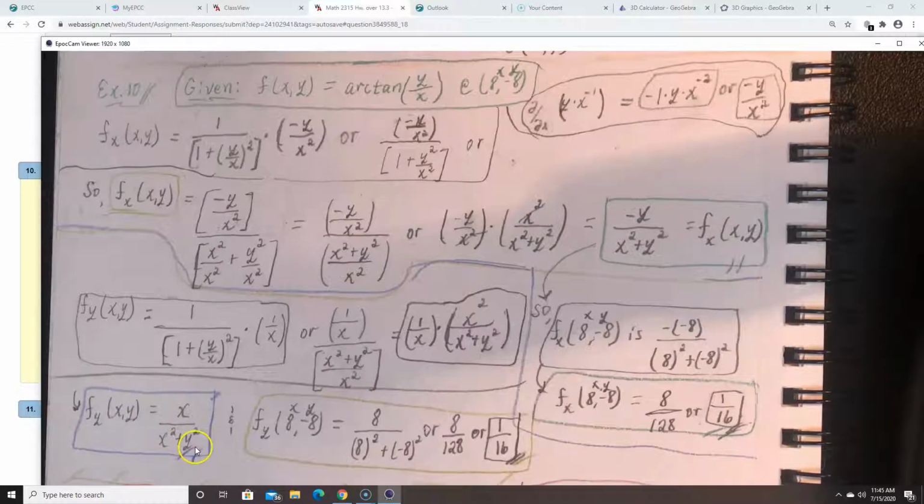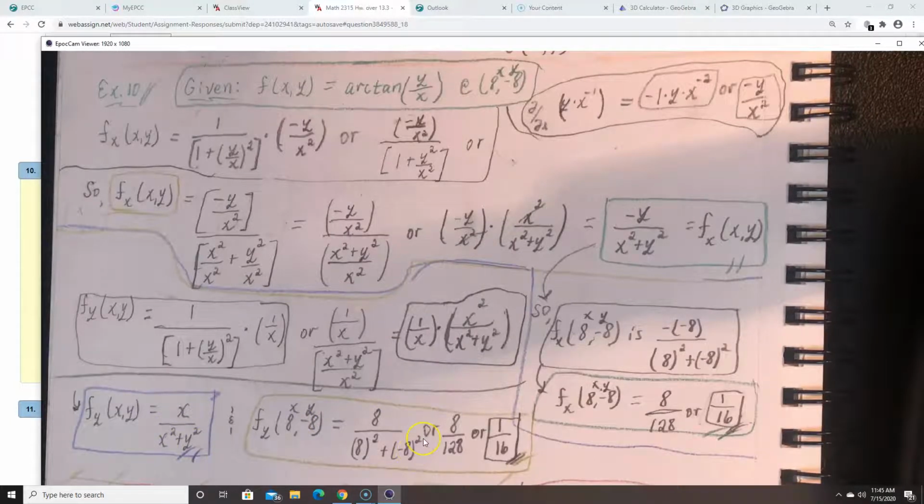Hope that makes sense. Now plug in the point again, x equals 8 and y equals negative 8. Plug it into right here. So instead of x, you put the 8 right there, also right there. So 8 squared. And if there's a y anywhere, you plug in a negative 8. There's not a y there, there's not a y there, but there is the y there.